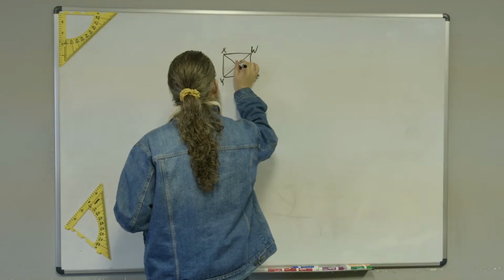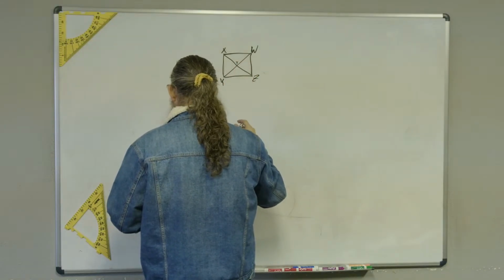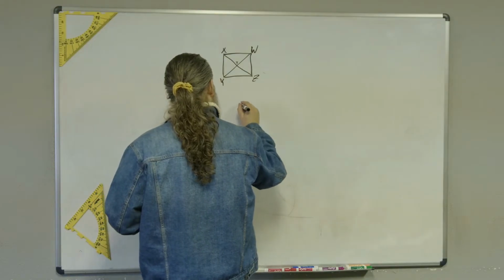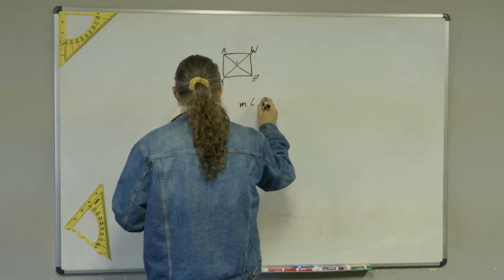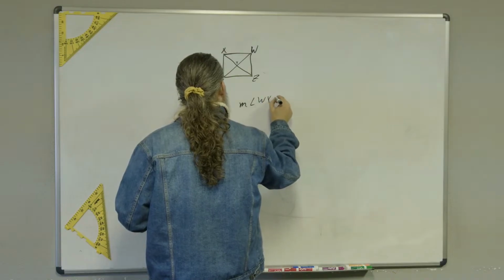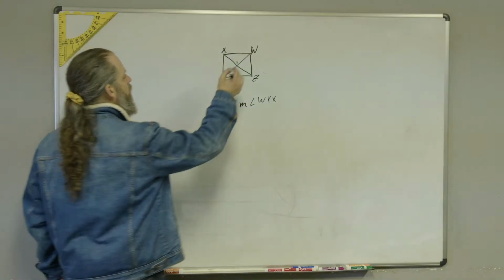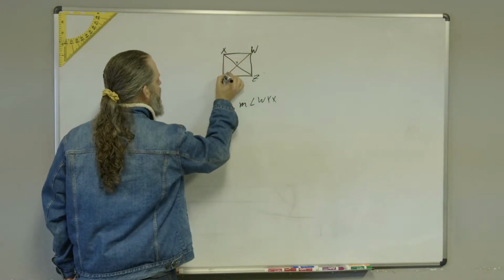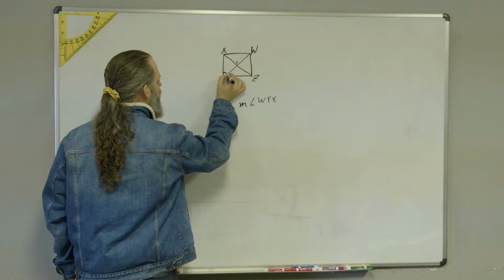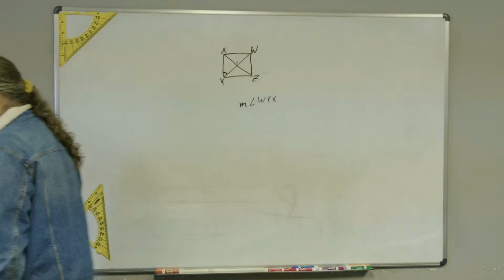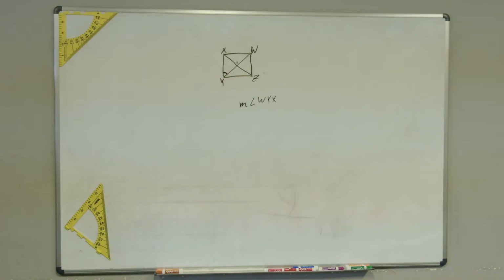This is T. It says that it's a square, and we're supposed to find the measure of angle WYX. So WYX is this one right there. If it's a square, what is the measure of angle XYZ?